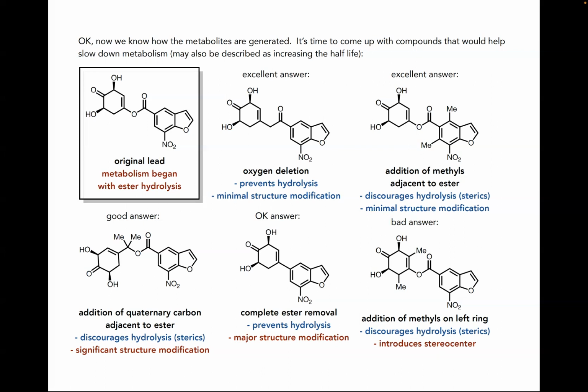You've introduced a stereocenter, and we've learned earlier in class that you're going to have one that goes towards you and one that goes away from you, and they're going to bind much differently. So you've really proposed two structures there. So you want to propose structures that don't introduce a stereocenter. That's something I will be looking out for. You'll probably lose half credit on that one in the event that you do that.